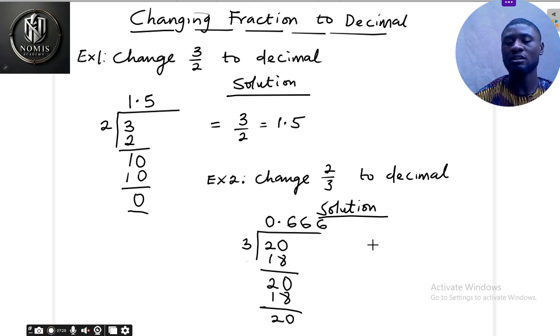Now, how do I take my answer now? What I have is 0.666 and it continues like that. So I'll say 2 over 3 is approximately, because there is no way we can continue to write the endless 6. So it will be approximated to a particular decimal place.